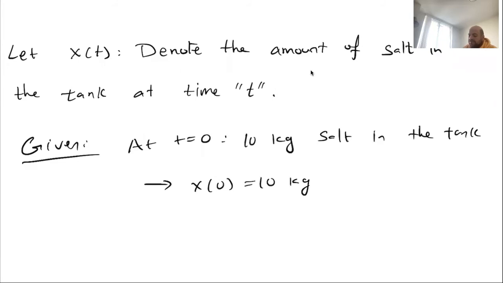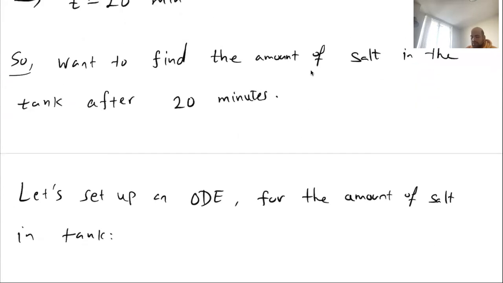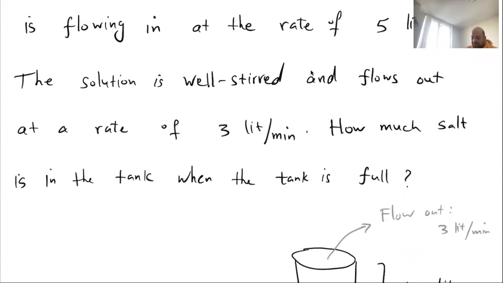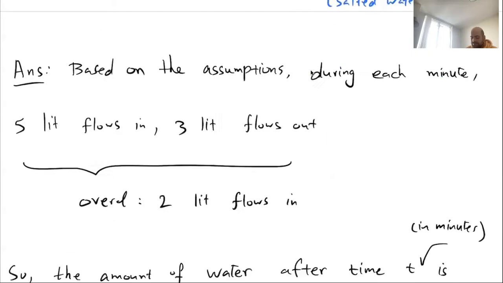And what is asked from us? It says how much salt is in the water when the tank is full. But we just found out the tank will be full at t equals 20. So we want to find the amount of salt at t equals 20, which means we want to find x of 20, because x of t represents the amount of salt at time t.